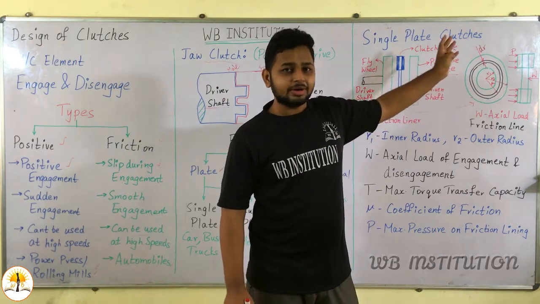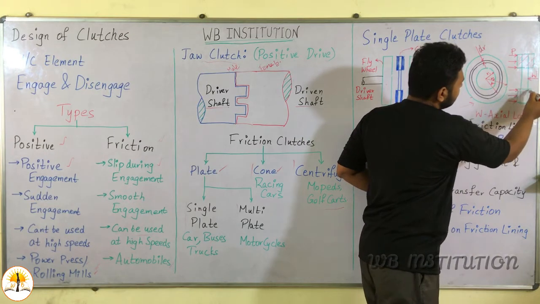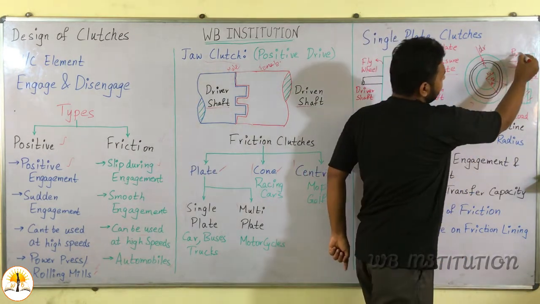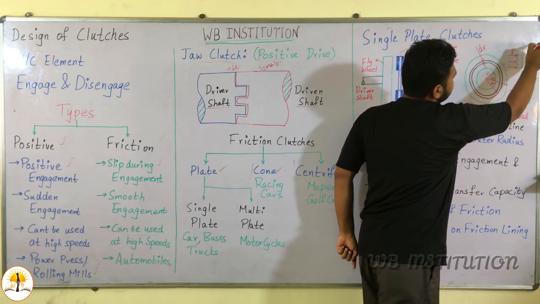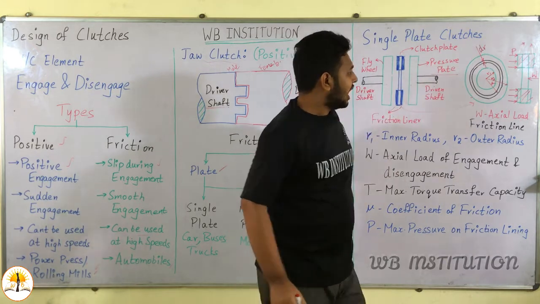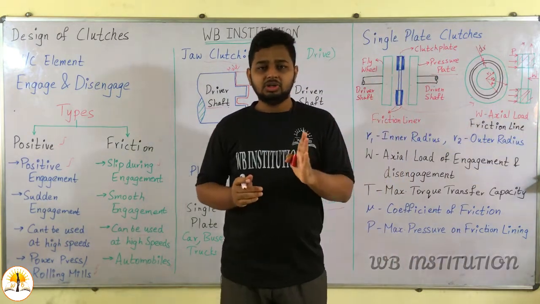Now we can see the cross sectional view. In this cross sectional view we can see friction liners on the top and also on the bottom. Now there is an opposing force acting on the clutch plate.